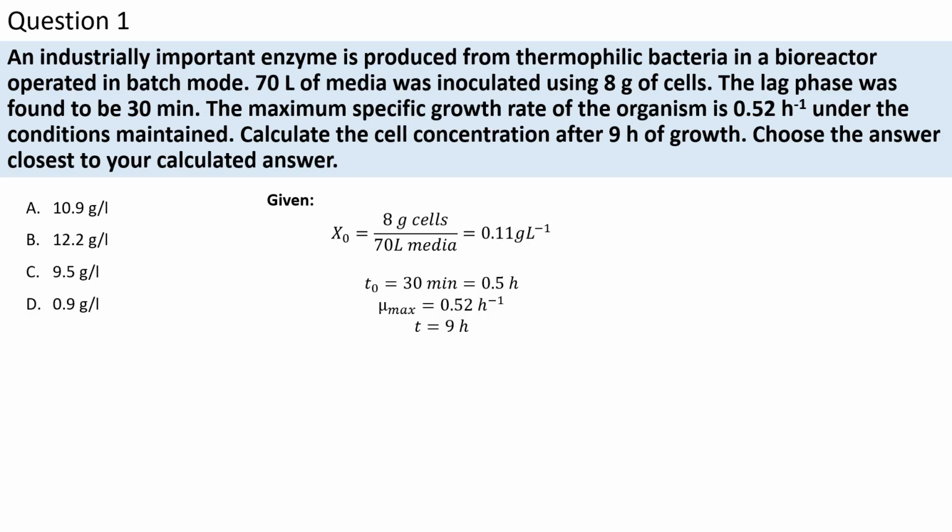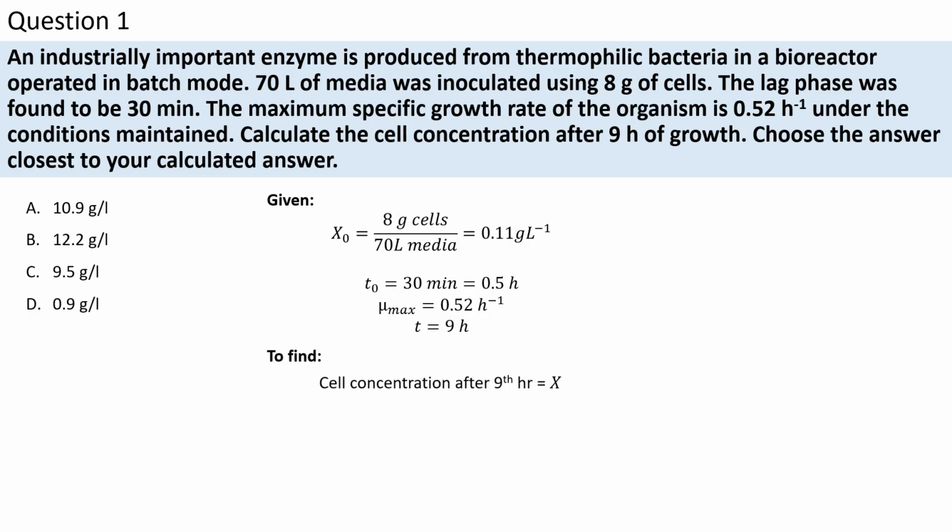Cell concentration is always in gram per liter, since it's a concentration. They have also given t naught, the lag phase, which is 30 minutes, and the maximum specific growth rate mu max is 0.52 per hour. We need to calculate the cell concentration after 9 hours of growth. So how much amount of cells X will be there when time t is equal to 9?